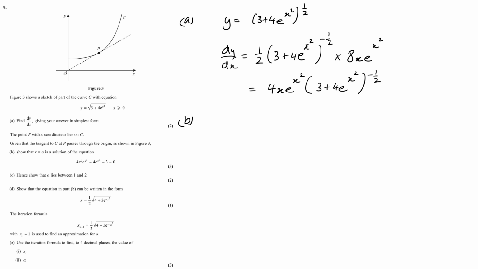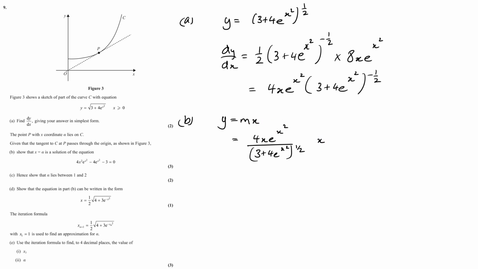Now, part B is quite confusing, but the equation of this tangent is y equals mx. It goes through the origin, so there's no constant. So just y equals mx. If you think about it, mx is this: 4x e to the x squared over (3 plus 4e to the x squared) to the half, and that is times by x.